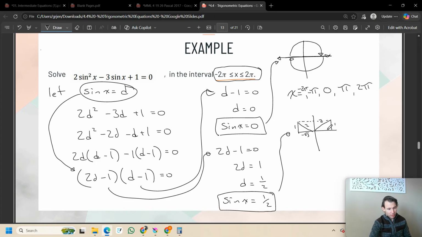So we have x equals pi by 6, 5 pi by 6, or what about negative 7 pi by 6? Or what about negative 11 pi by 6?